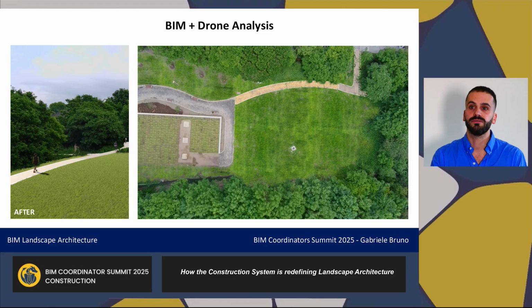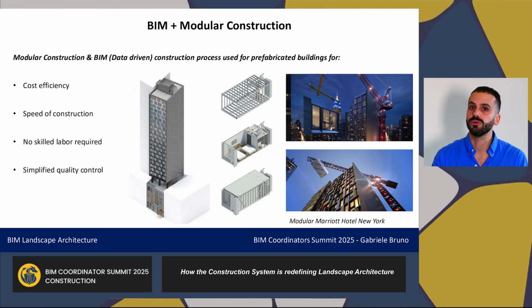Now, the third and final technology that I wanted to talk about is modular construction. I'm pretty sure you know what I'm talking about, however, it's extremely interesting if we think about modular construction applied to the BIM world. And this is one of the best examples that I could find.